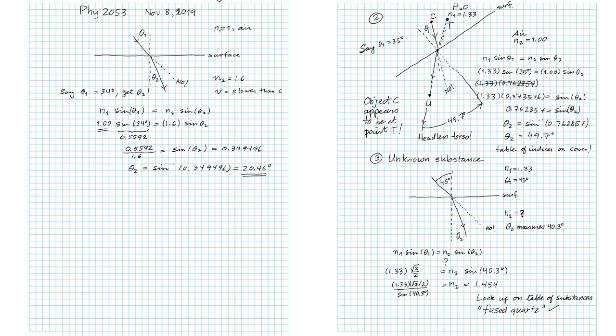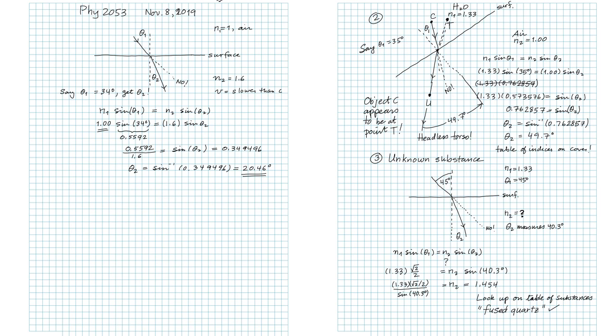This point U here stands for you. You are here. You're looking at point C, but the way that this works, this ray comes in here to the interaction point, and then it refracts through point U. Now that's your eyeball there. So for you, the stuff that's in the water appears to be back over here, right about here.